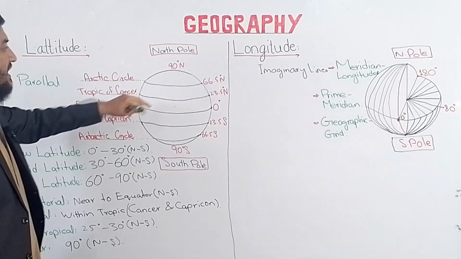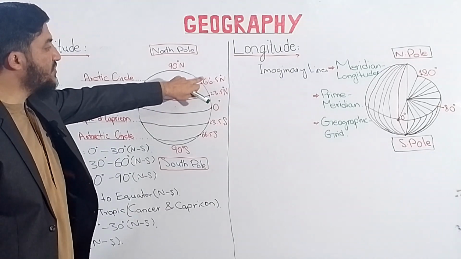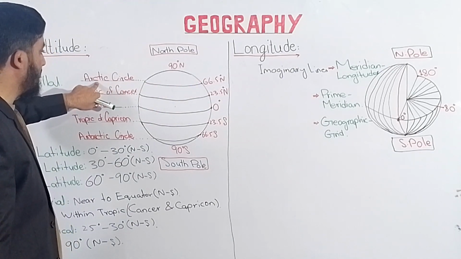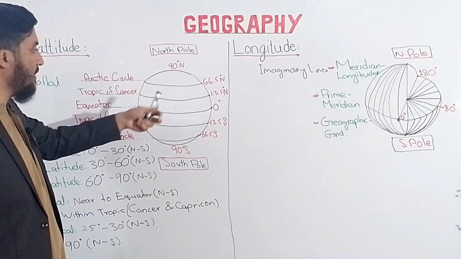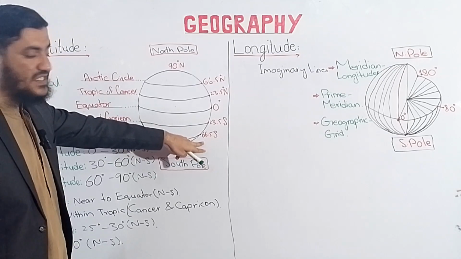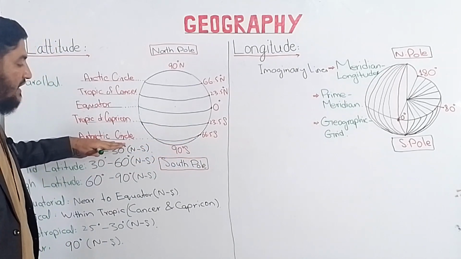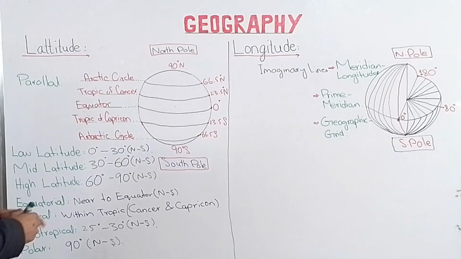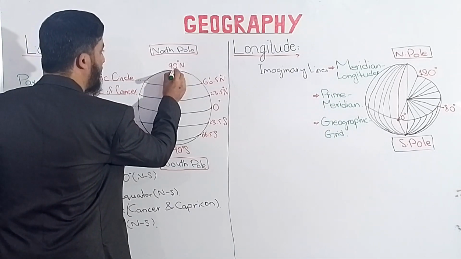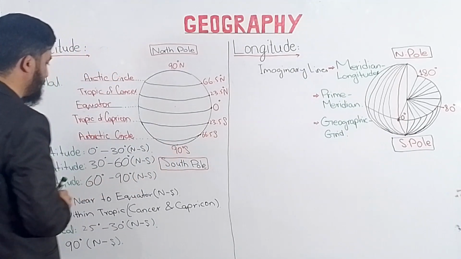The next parallel is at 66.5 degrees north, called the Arctic Circle. This name is taken from the Arctic Ocean, and in the same way southward there comes the 66.5 degree line towards the South Pole, called the Antarctic Circle. At the top and bottom we have the 90 degree North and South Poles.